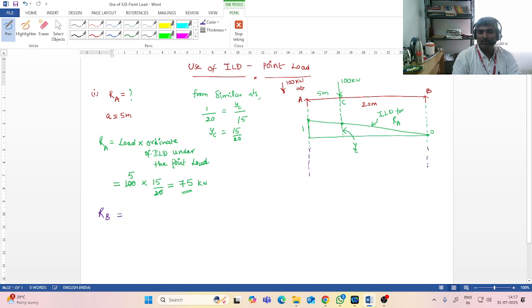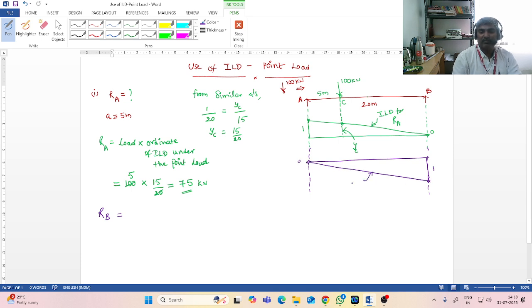So this is by using ILD. How to use ILDs? Now let us draw the ILD for RB. So the ILD for reaction at B is what you are plotting now. This will be 1 unit here, and this will be 0 here. Join these two by a straight line.